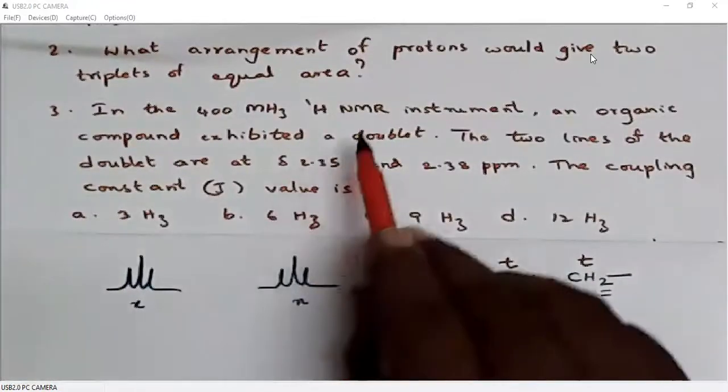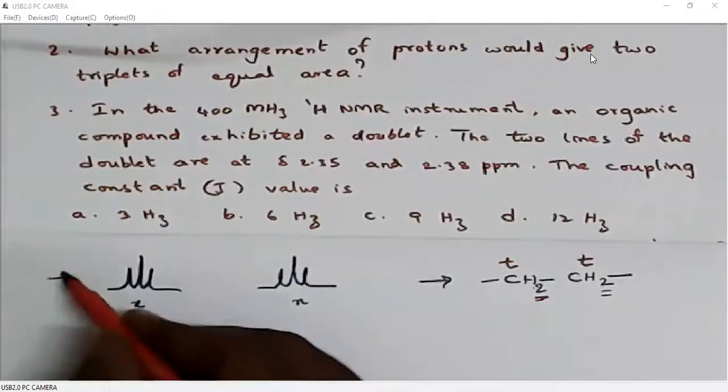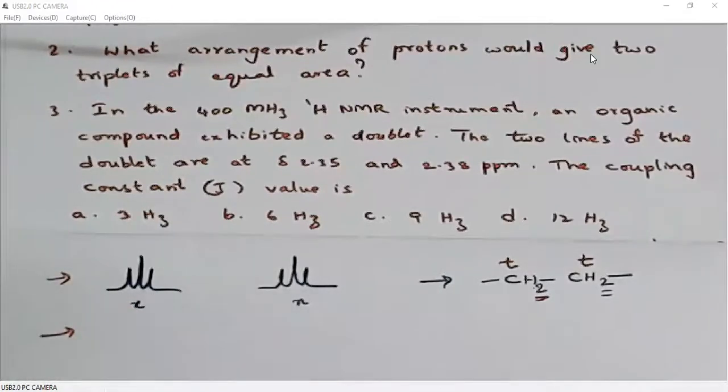In a 400 MHz proton instrument, an organic compound exhibited a doublet. The two lines of the doublet are at delta 2.35 and 2.38 ppm. What is the coupling constant J value?